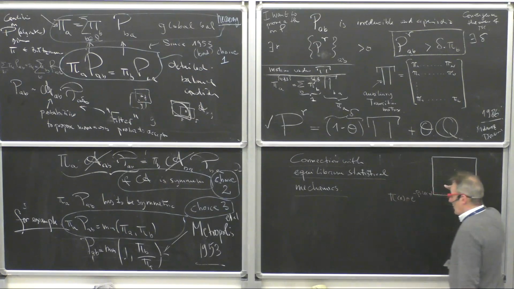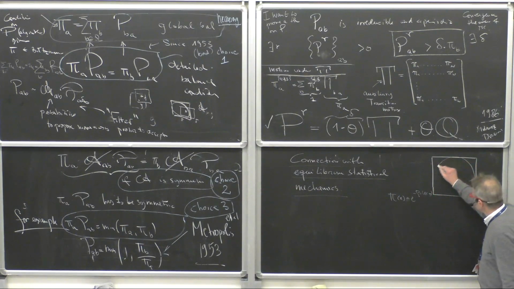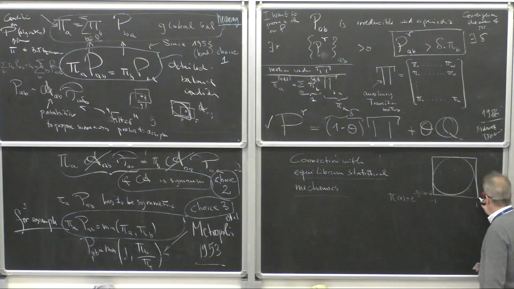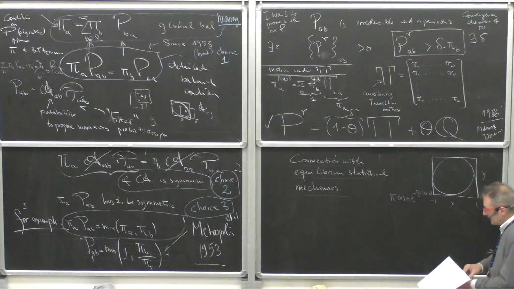So what we had on the heliport, on the square: here was -1, here was 1, -1, 1 in y and x. Let me add a little.